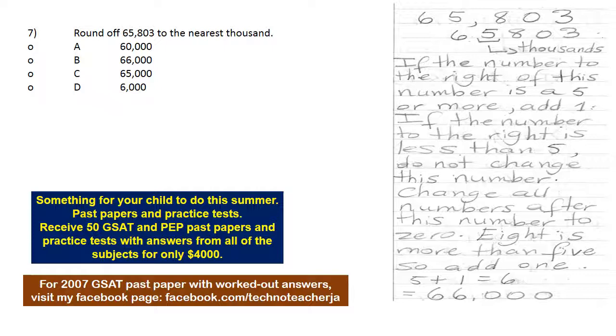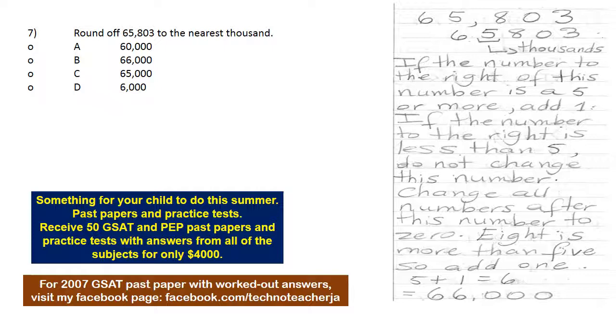So the answer here can either be 60,000 or 61,000 or 62,000 or 63,000 or 64,000 or 65,000 or 66,000 or 67,000 or 68,000 or 69,000.